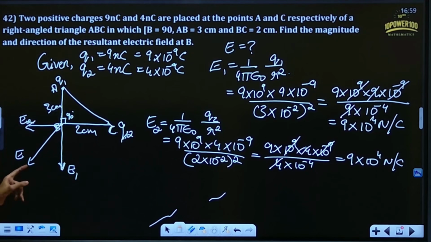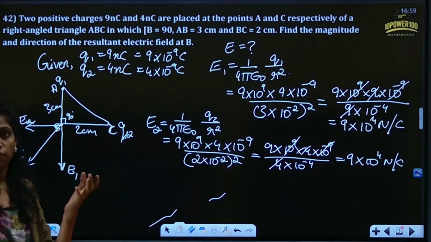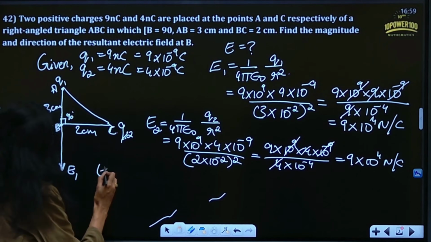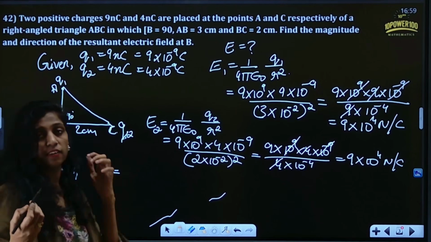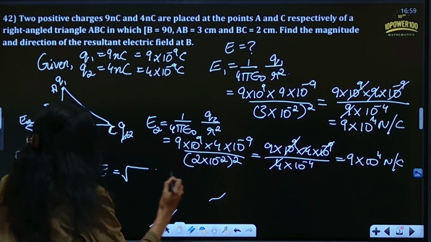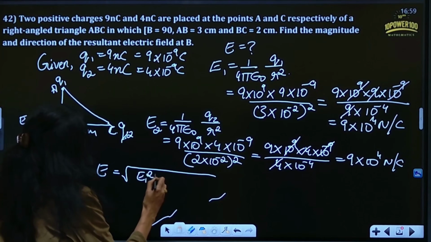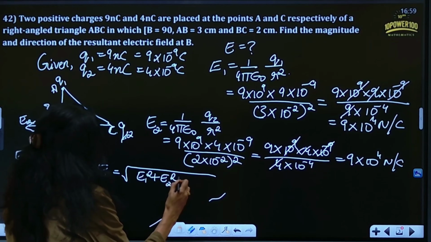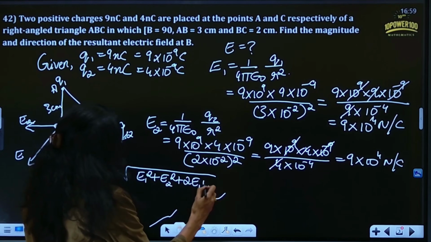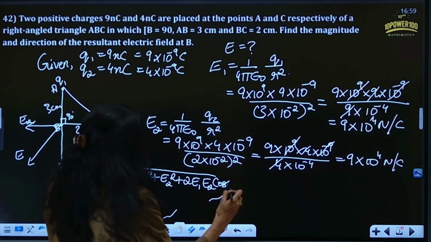Let us now find the resultant electric field. You have learnt in grade 11 how to take the resultant vector. So E equals root of E1 square plus E2 square plus 2 E1 E2 cos theta.